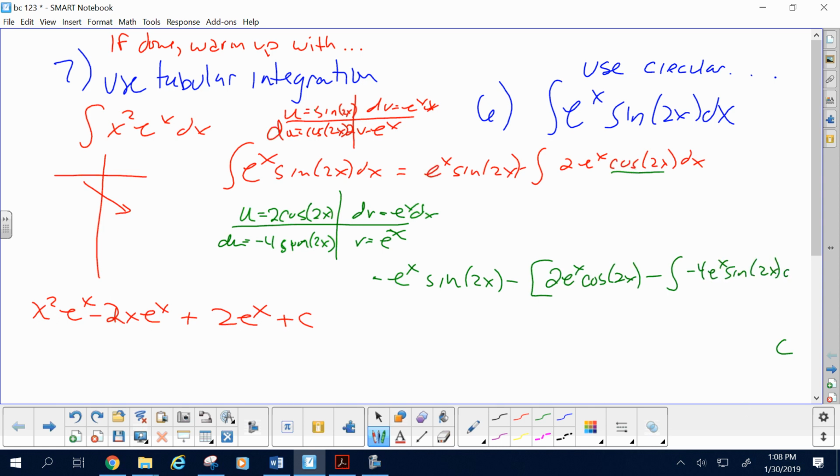Overall, it feels like I'm going to have 3 negatives. Correct me if I'm wrong. But if I distribute, I get e to the x sine of 2x minus 2e to the x cosine of 2x, and altogether 1, 2, 3 negatives is a negative 4e to the x sine of 2x dx.